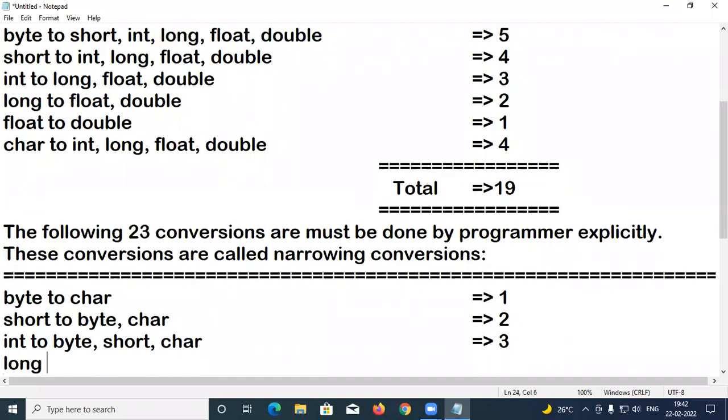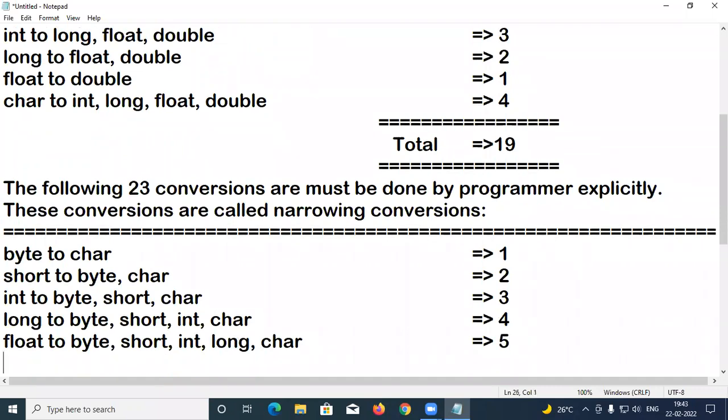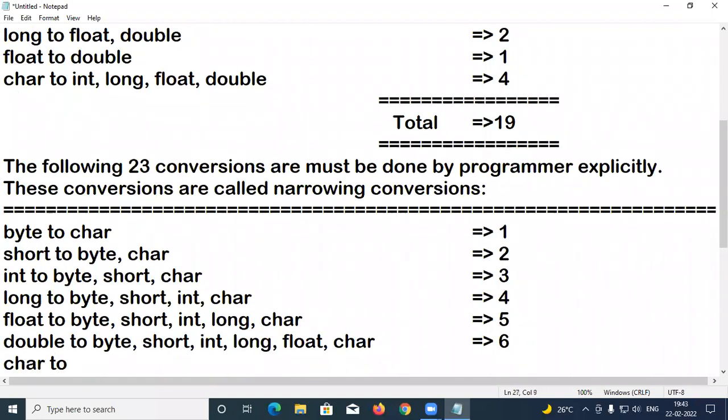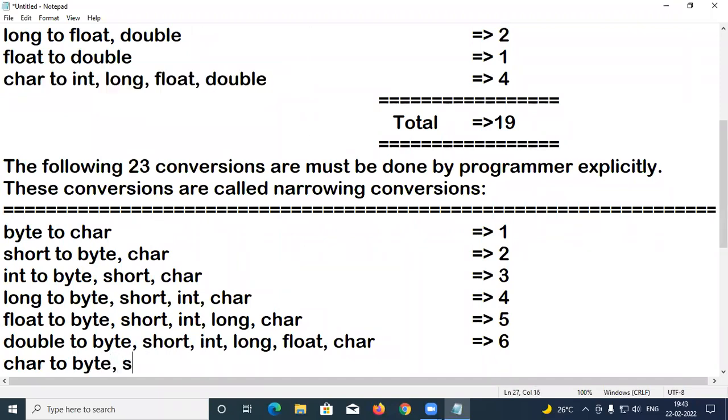Next line, long to byte, short, int, char. 4. Next, float to byte, short, int, long, char. 5. Double: byte, short, int, long, float, char. 6. Char: byte not there, short not there.